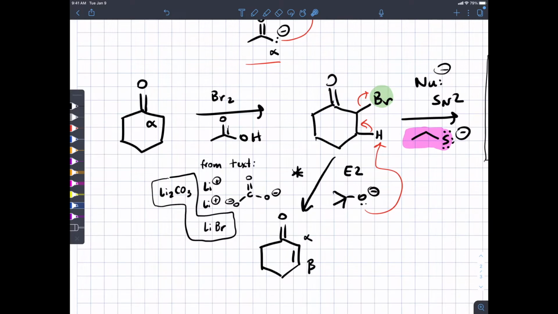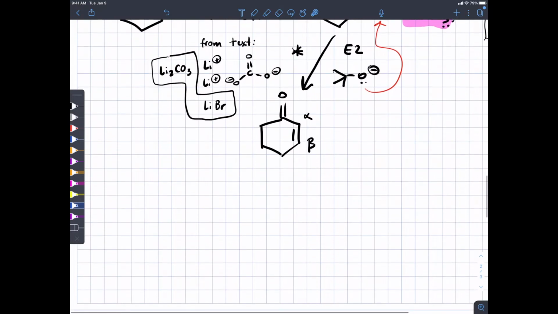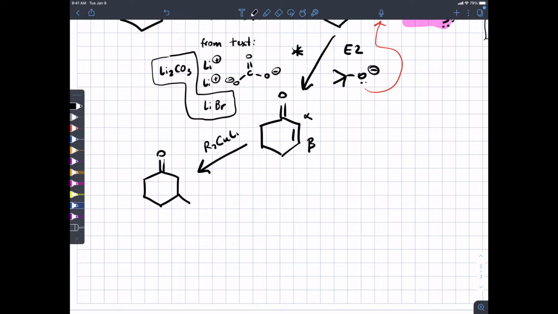Do the E2 reaction to get the alpha-beta unsaturated carbonyl compound, and then recall what we can do with these. We've had cuprates install R groups at the beta carbon. What else have we done? We've had Grignard reagents or organolithium reagents install an R group at the carbonyl carbon.